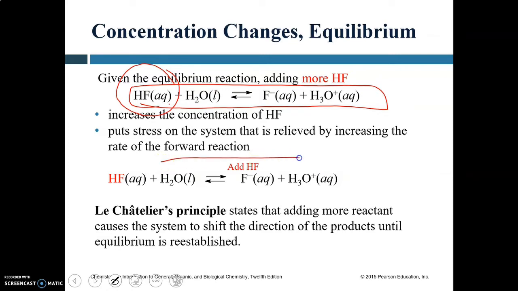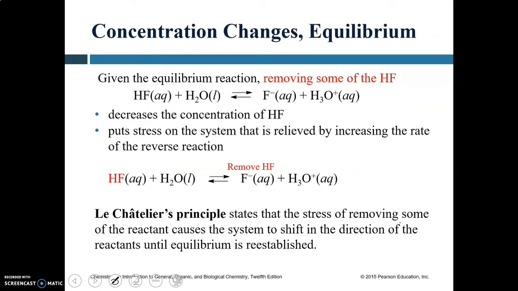The rate of the forward reaction will be increased to reduce the amount of hydrofluoric acid, and we will thus bring the system back to equilibrium. So adding more reactant causes the system to shift in the direction towards the products until equilibrium is reestablished.